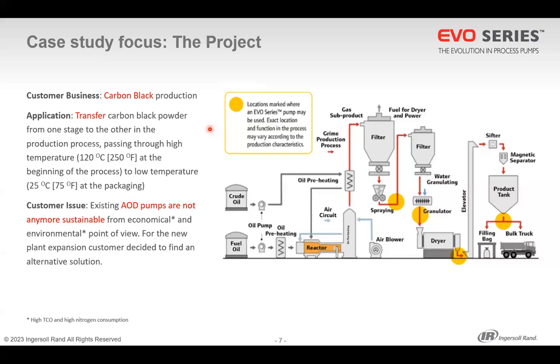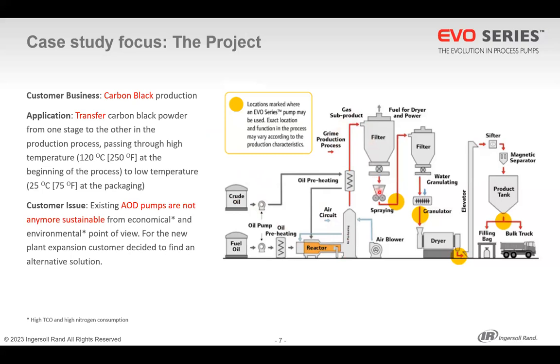Actually, carbon black is produced by burning some residuals of the petrochemical industry. It goes through a reactor, it's burned, and the smoke that comes out from this partial burn is cooled down and condensed, and it becomes the carbon black eventually.